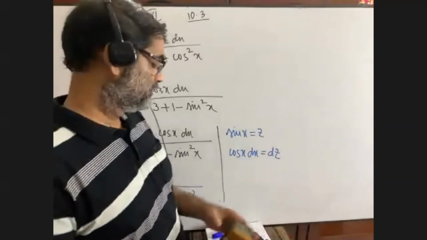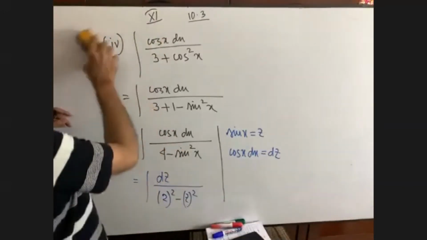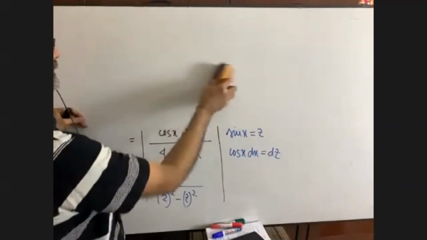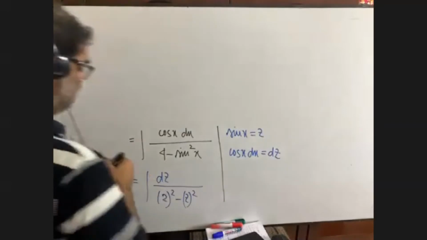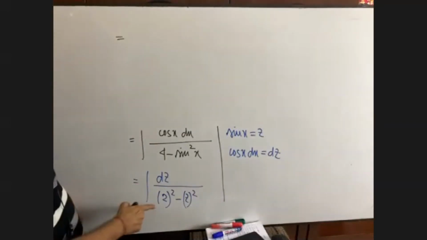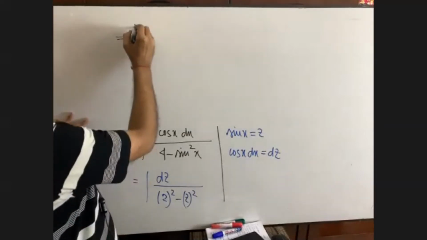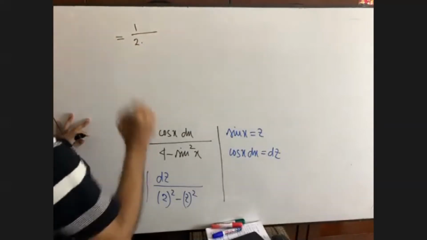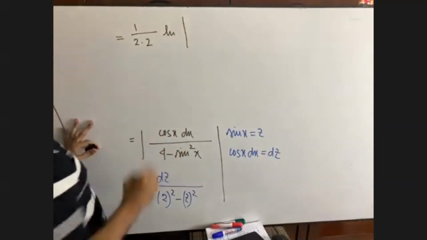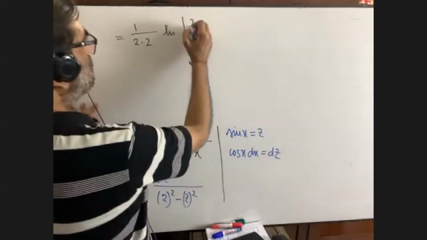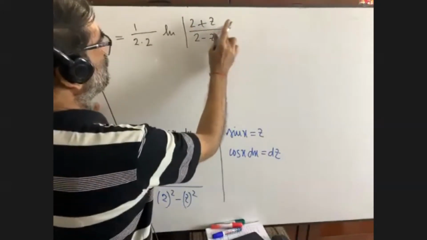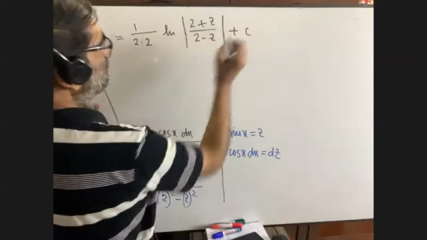That I did for question number 2 and 3 of 30. Let me know the formula: 1 by 2a, a is 2, ln 2 plus z by 2 minus z, plus c.